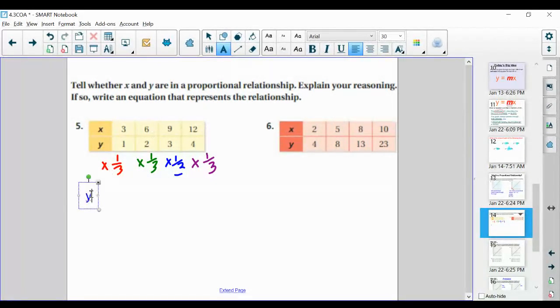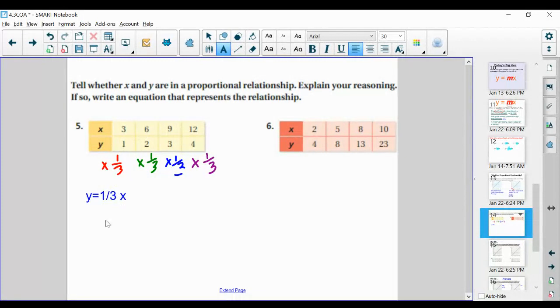So we have y is equal to 1 over 3x, because if we take any number that's in this table, it reads us a true statement. We're able to find the number we multiply the x by to give us our y. Again, if we go back to the equation we just wrote, y equals 1/3 x. My x is 3. What is 1/3 of 3? 1.